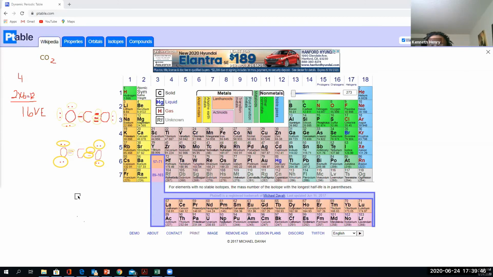In this case, if you were in my 1A class, we would go through formal charges to figure it out, and you would find that this is the more preferred structure than this one. Technically, they both can exist, so they would both be correct for the level you're at.